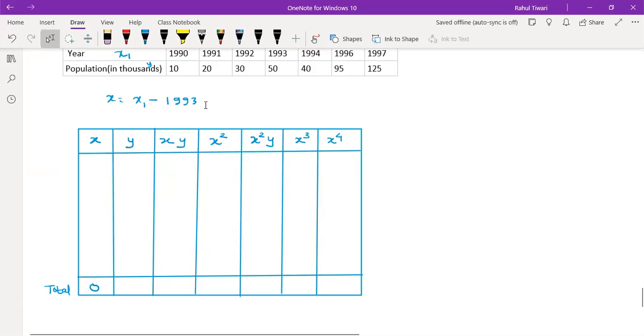And once you have that data, you can have this data, which is I think -3, because this is 90 minus 93, so it is -3, -2, -1, then we have 0, 1, 2.